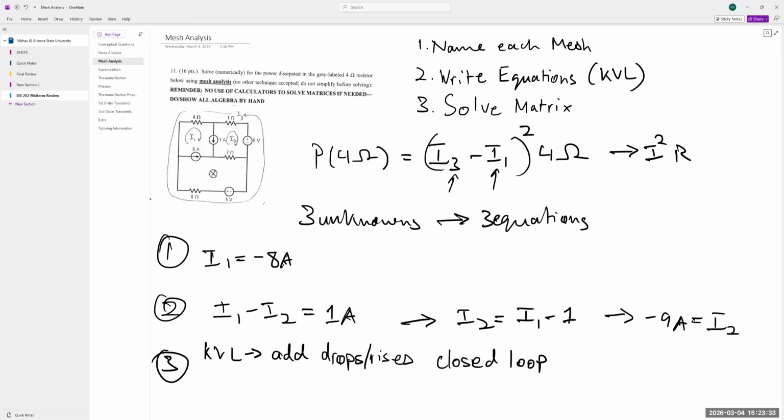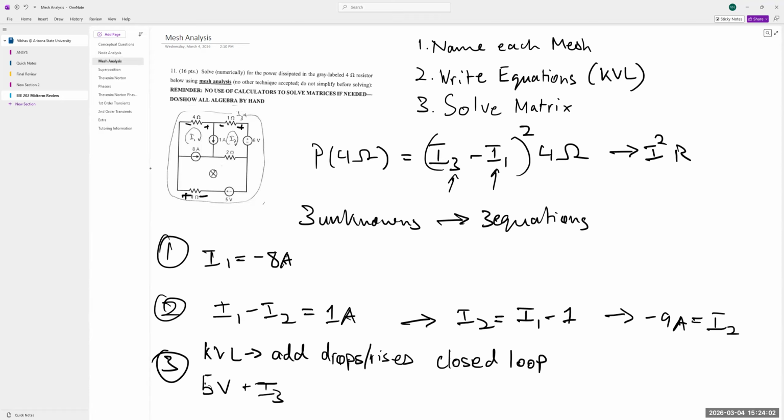In this case, the closed loop is the outer loop over here. So let's say I3 is flowing from the left to the right of this resistor. So it's like that. Here it's from the right to the left, here right to the left. So 5 volts plus I3. These two are in the same direction, so I'm adding them.